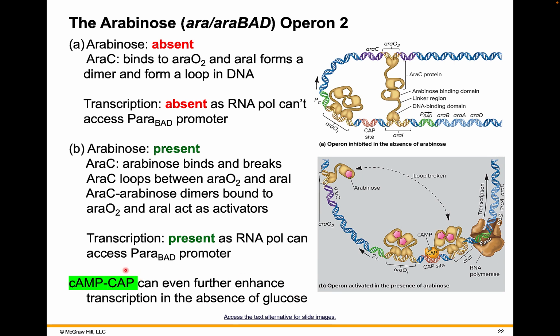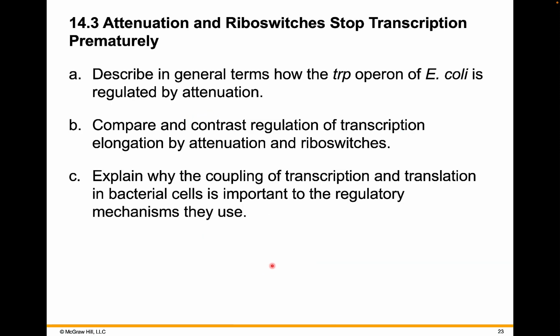So it can further enhance the transcription of the arabinose operon in absence of glucose. So in this first case, arabinose is absent. Second, when only arabinose is present, this CAP binding doesn't happen. There is a transcription of araB, araA, and araD that happens. When there is absence of glucose, due to the CAP binding, the transcription level even further increases. So this is basically the working of the arabinose operon.